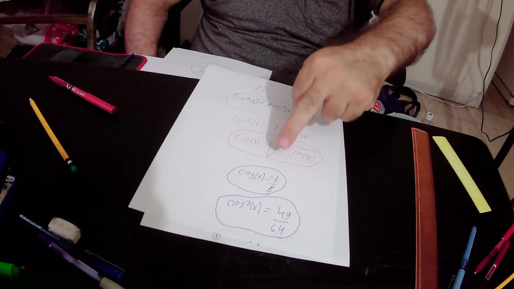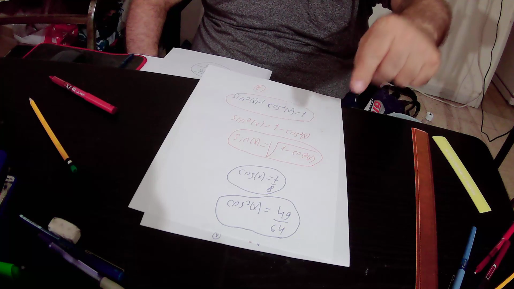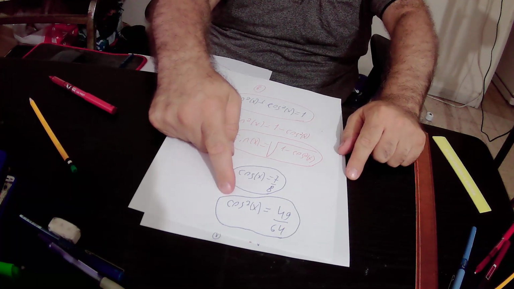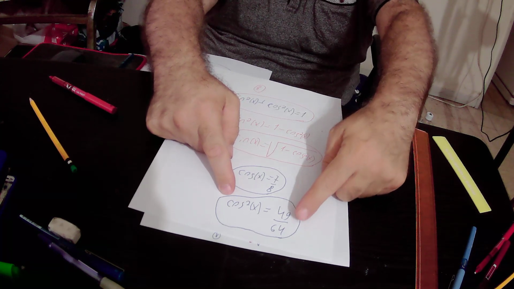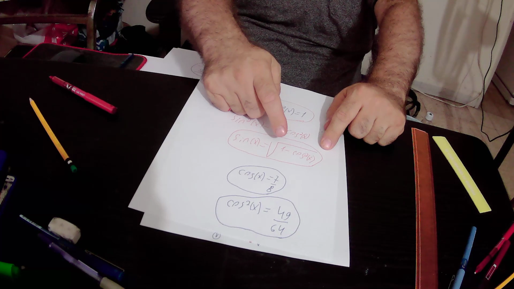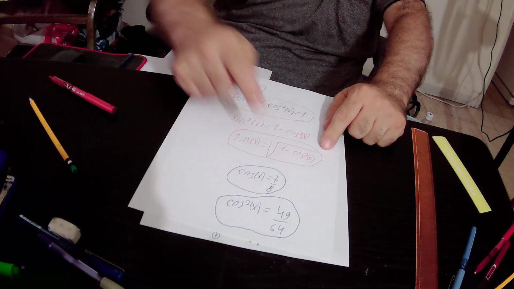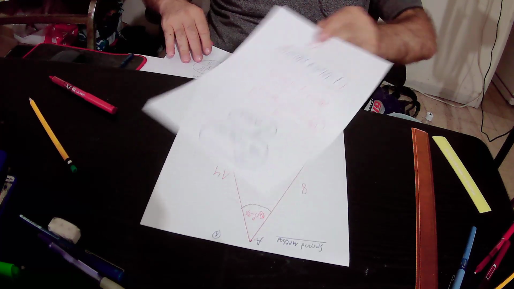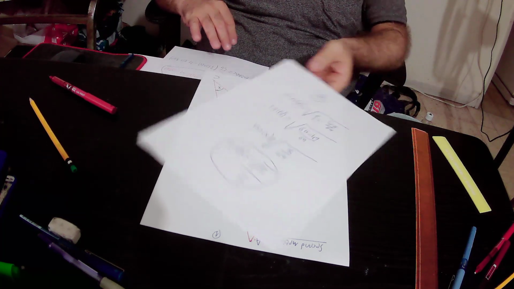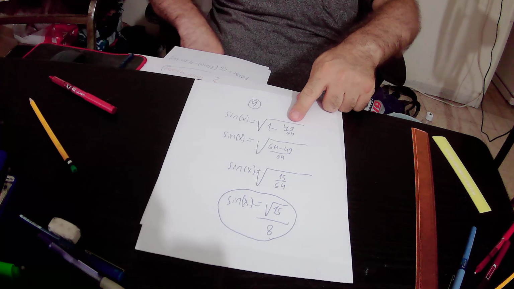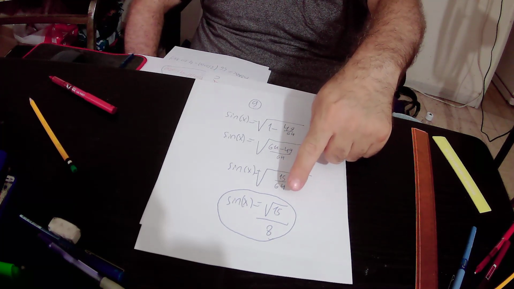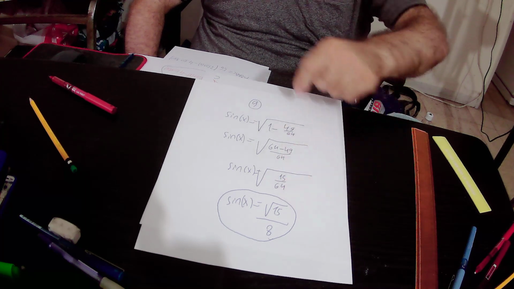We know that cosine x equals 7 over 8, so if we square this equality, we get that cosine squared x equals 49 over 64. After we substitute it, we get that sine x equals root 15 over 8.